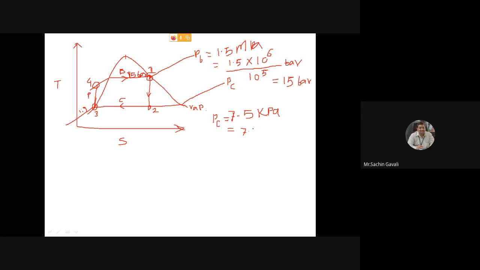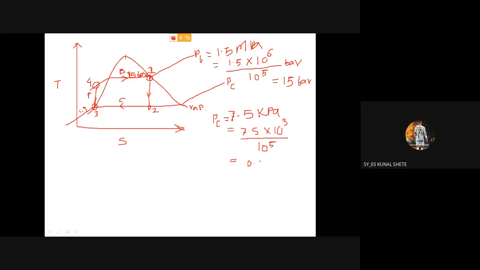7.5 conversion to bar, how will it be? Into 10 raised to 3 divided by 10 raised to 5. 3 cancels 3. 10 raised to 2 minus 2 means what? 0.075 bar.